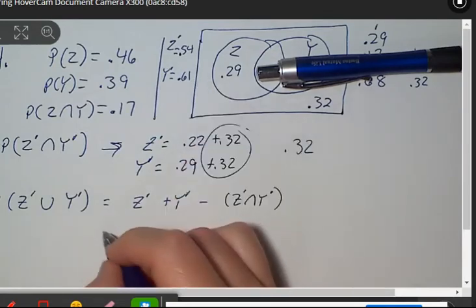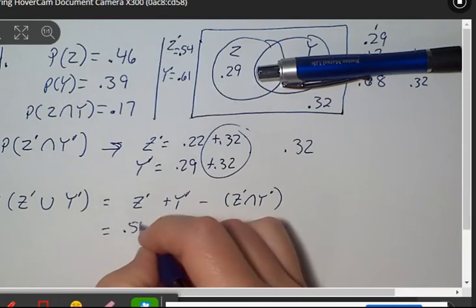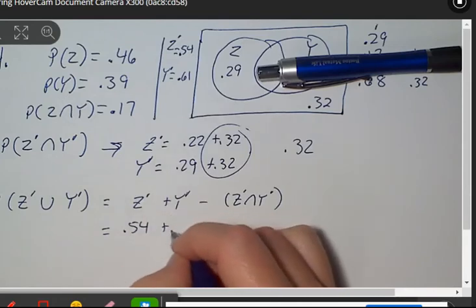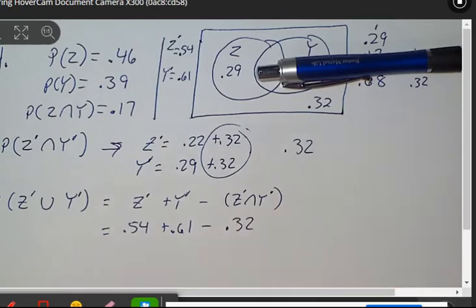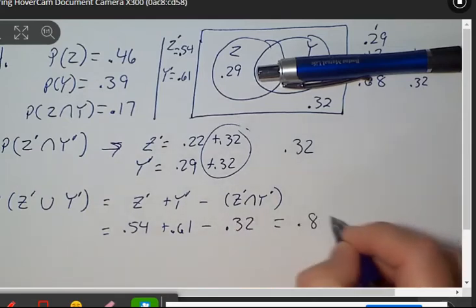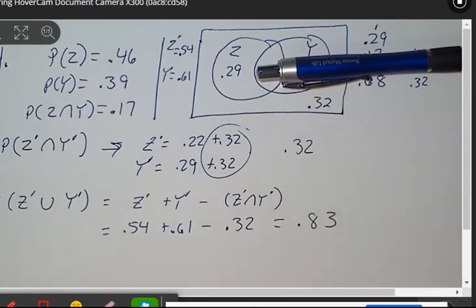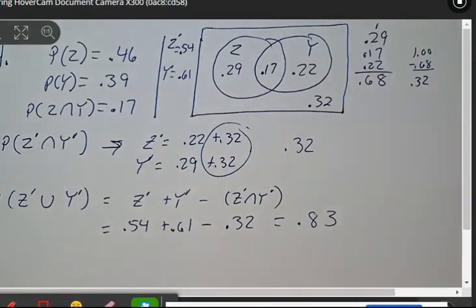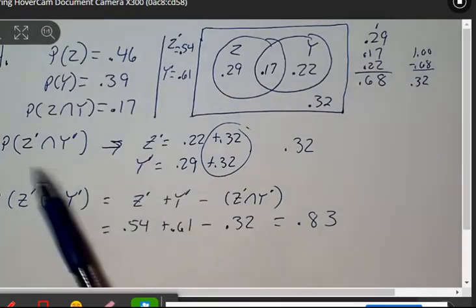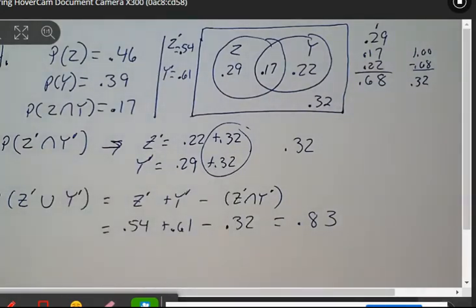Okay, so from there, we can just use a formula. We can do 0.54 plus 0.61 minus the number that we had here, which was the 0.32. Put all that together to get 0.83. So when you go through and do those, they kind of do the intersection part back here, which we could do, and to me, that one's probably a little bit easier, so you can just see it.